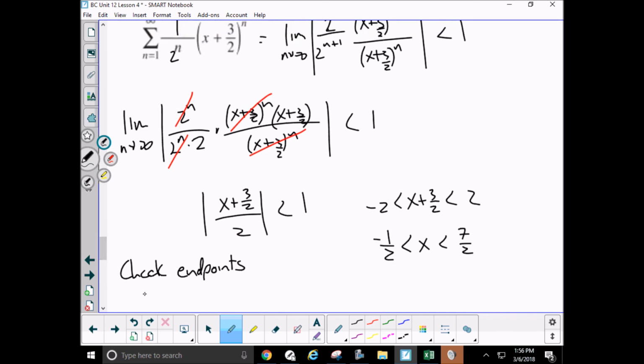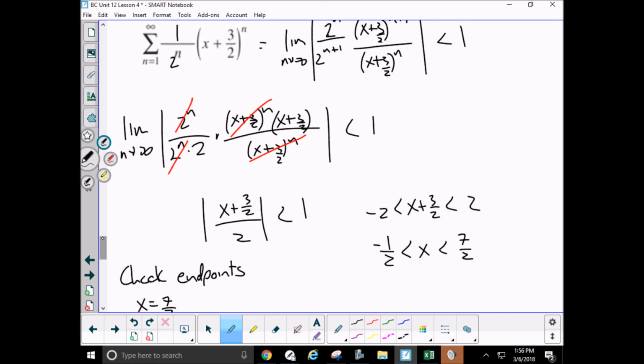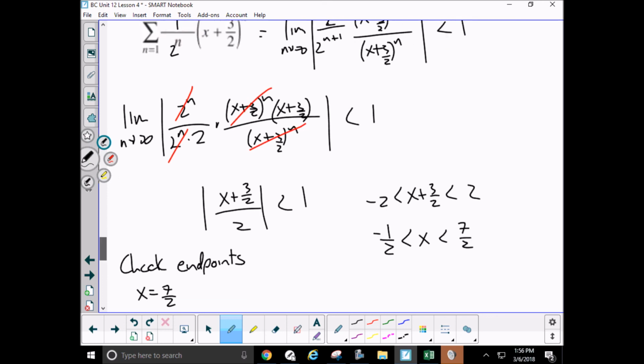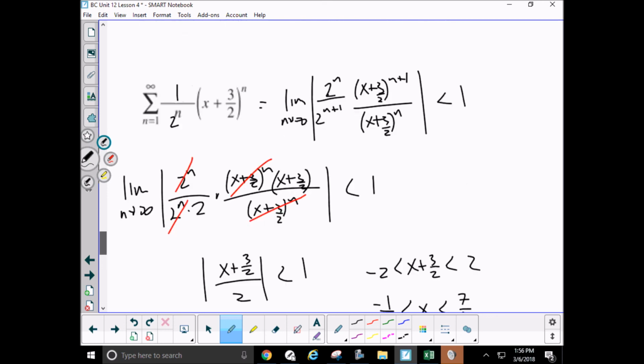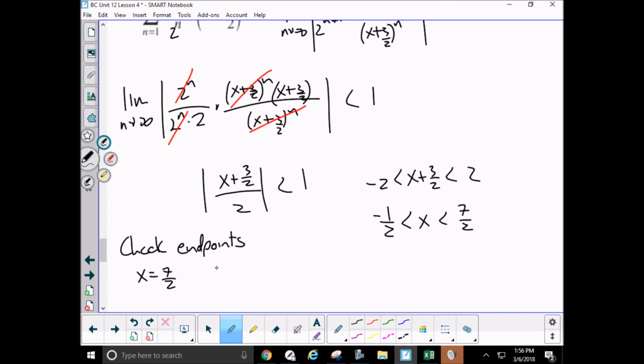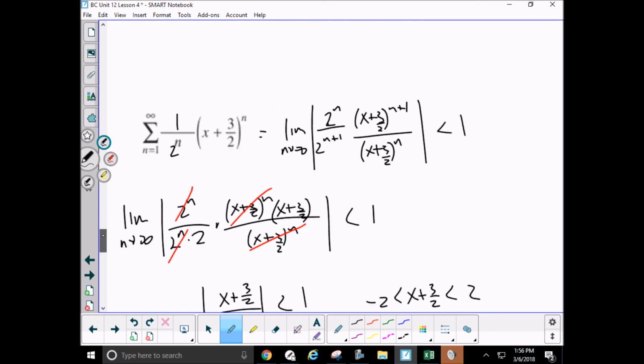If I plug in 7 halves, I get the sum, n starts at 1, goes to infinity, of 1 over 2 to the n, times 7 halves plus 3 halves is 10 halves. 10 halves is just 5 to the n.